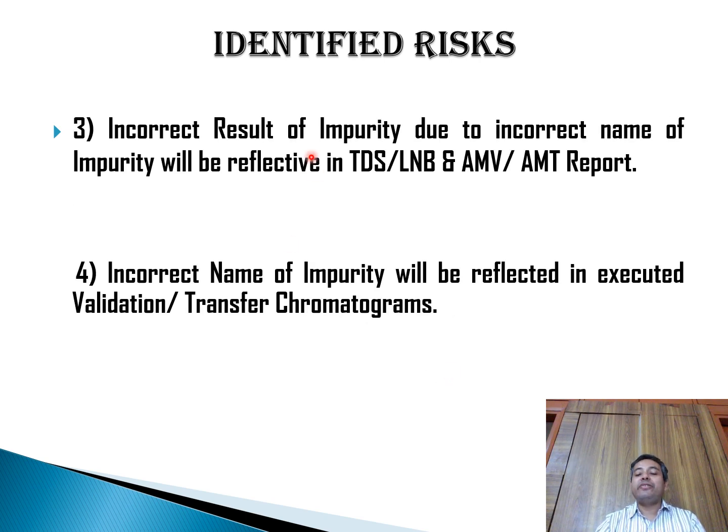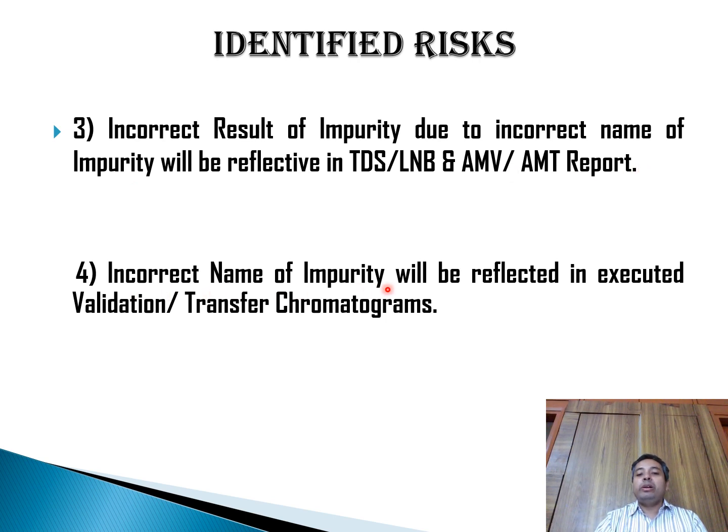The third identified risk factor might be that an incorrect impurity result can be generated due to an incorrect name of impurity reflected in the TDS, laboratory notebook, and analytical method validation and analytical method transfer protocol and report.